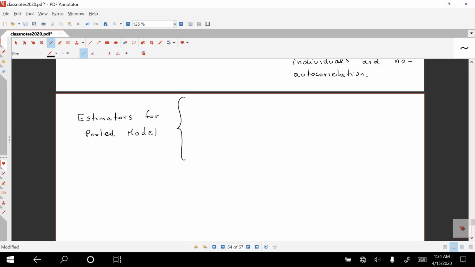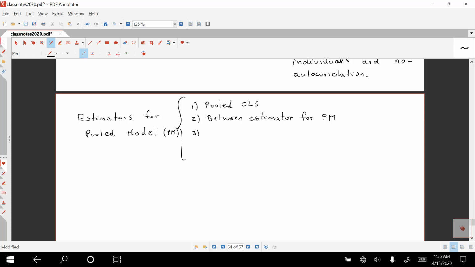So the first estimator we will talk about is what's called pooled OLS. The second estimator is what's called the between estimator, for the pooled model. So here, I'm going to use PM for the pooled model.